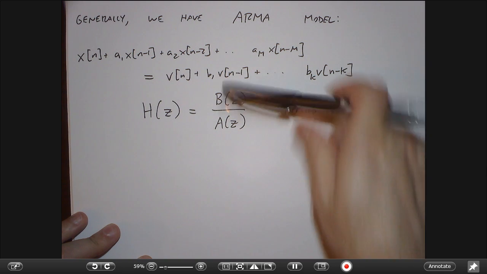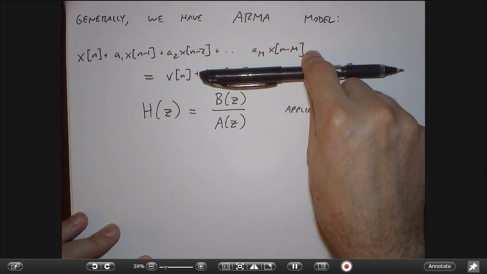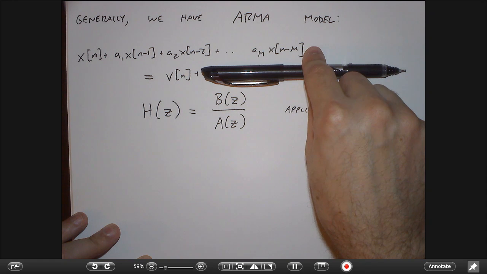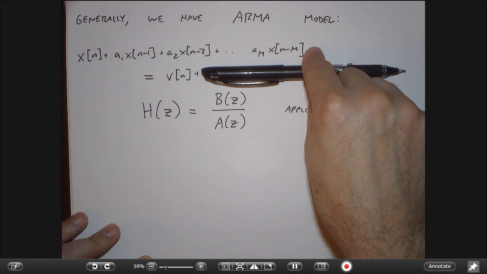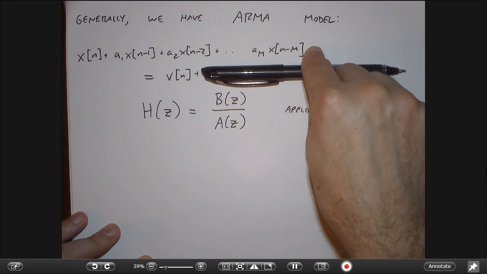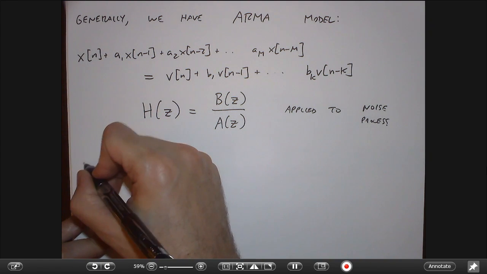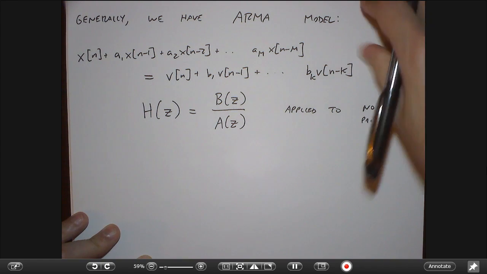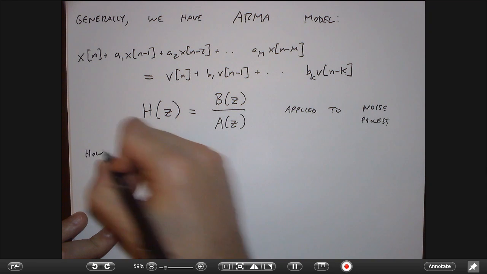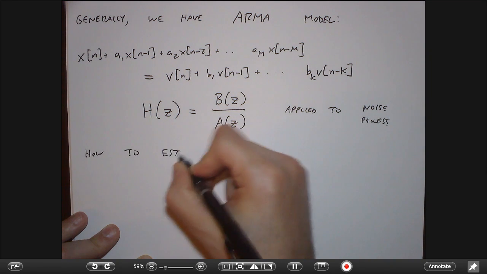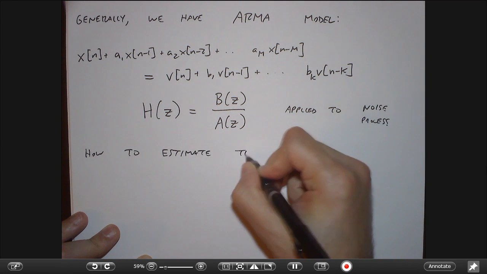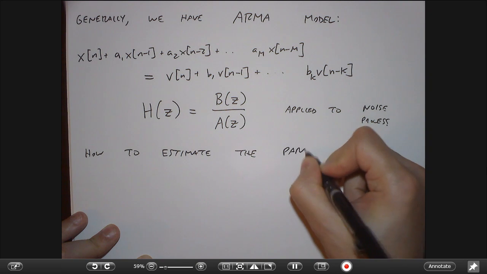Okay, so let's assume that I don't have this part here, and I am only looking at the assumption that I'm related to my previous values plus a little bit of noise. What I want to talk about is how to estimate the parameters of an AR process.